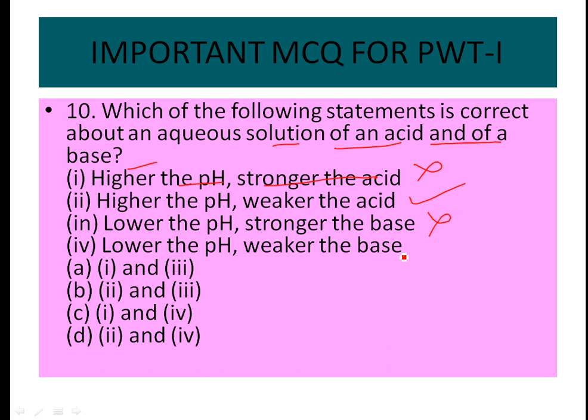It is also wrong, because at lower pH, H plus ions are more, so that should be an acid, but the option indicates a stronger base. So that is wrong. Lower the pH, weaker the base. That is also correct. So the second and fourth options are correct. So the option here is D.